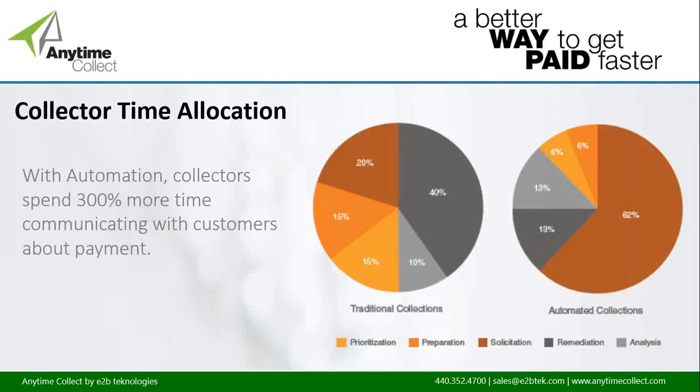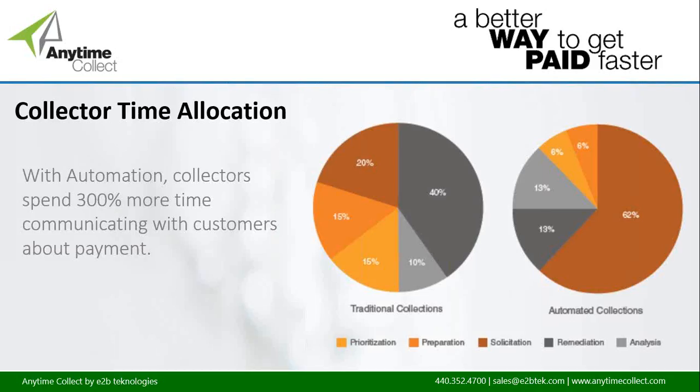So let's take one little step back here and look at a traditional process. With a typical collections process, we are creating an invoice. We are then entering it into the system, posting it, printing it, putting it in an envelope, mailing it out. On the collection side, we're prioritizing the calls we need to make.